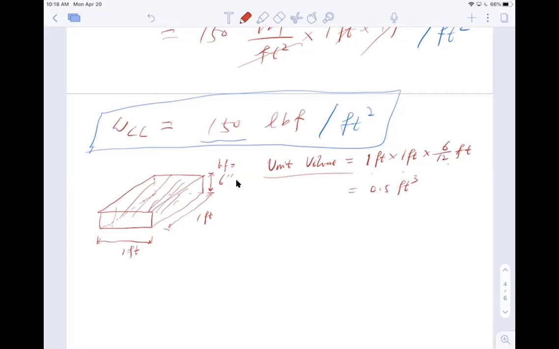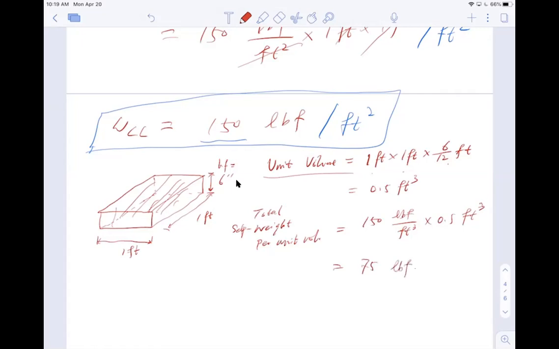All right, so I want to compute the total self-weight per unit volume. That is equal to 150 pounds per feet cubed, the density of the concrete, multiplied by 0.5 foot cubed. So I have 75 pounds per this volume.